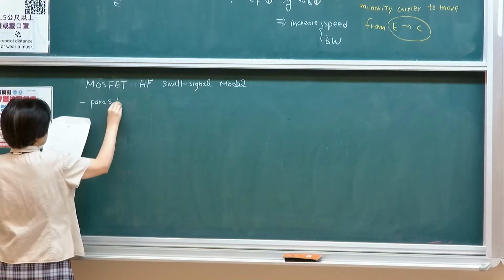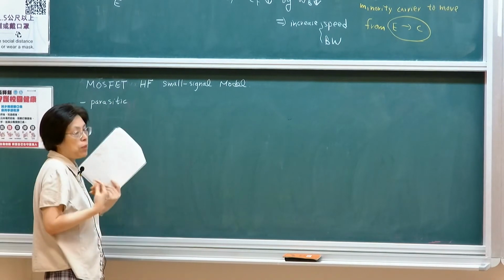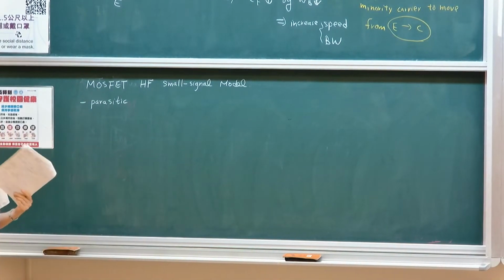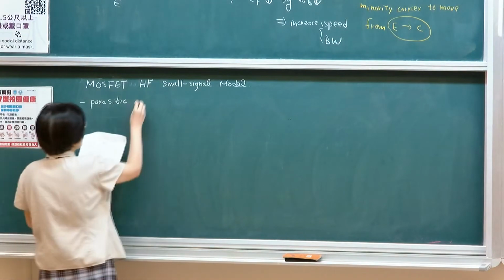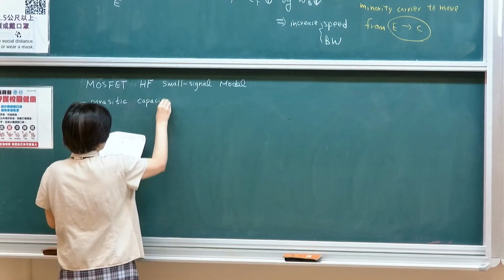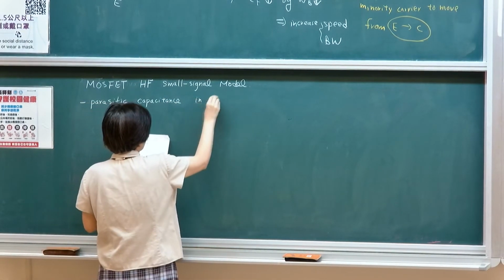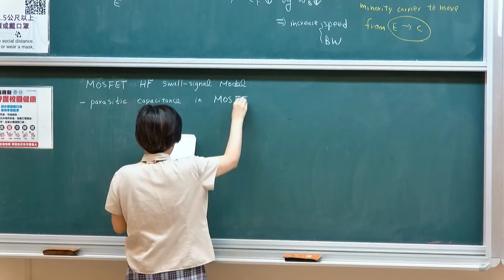As I said, these come with the transistor, because for a BJT you need to make junctions, and for MOSFETs you need to make a MOS structure, which is a parallel plate capacitance. So let's look at parasitic capacitance in a MOSFET.